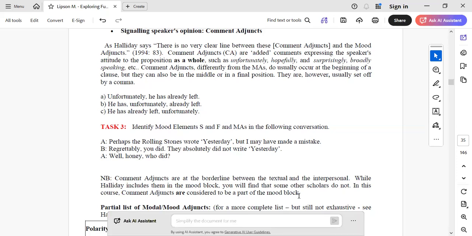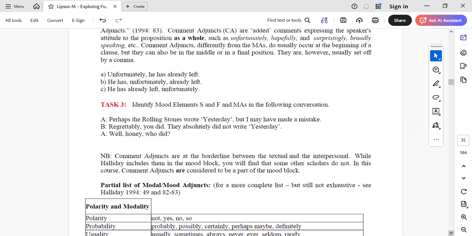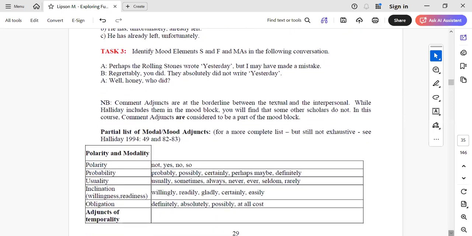Some other authors say that it may not be part of the interpersonal, since sometimes it fits in the textual and sometimes in the interpersonal. But Halliday, who is actually the pioneer of this work, believes that it should fall under the mood block, so we'll consider it as mood block.